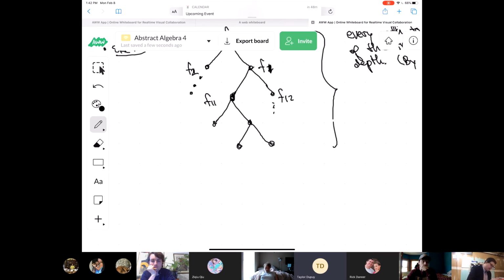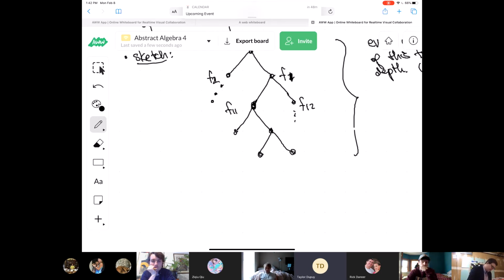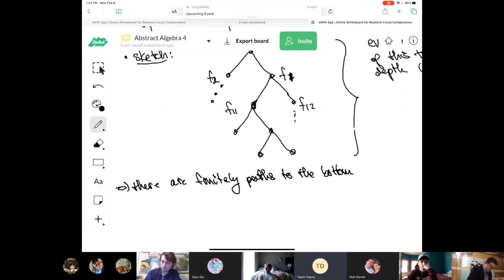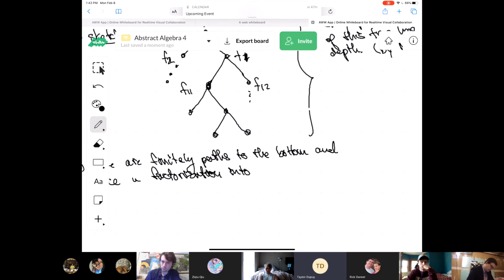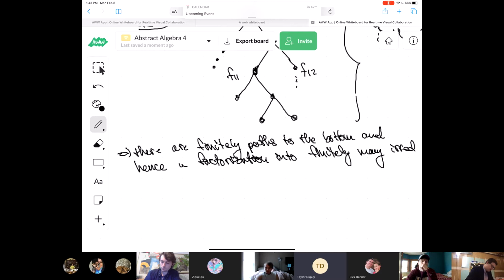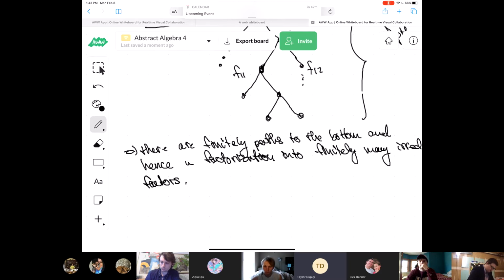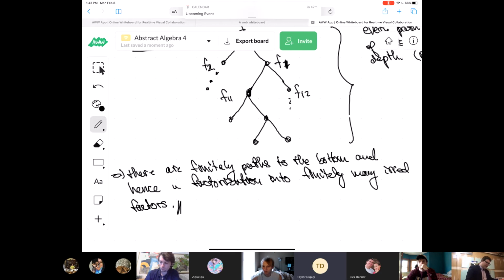Each bottom thing is an irreducible factor, so this implies that there are finitely many paths to the bottom, and hence a factorization into finitely many irreducible factors. Okay, so that's the idea.